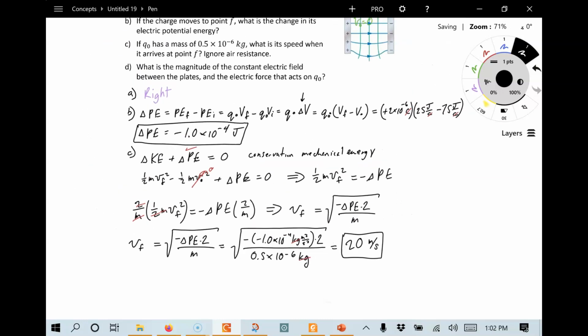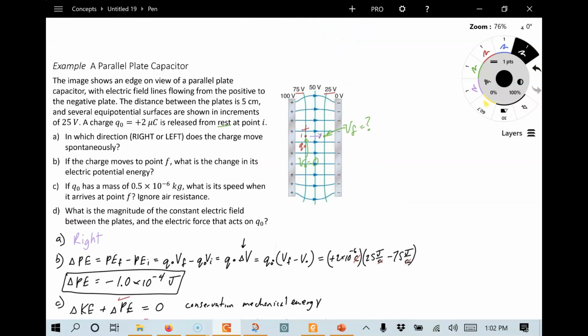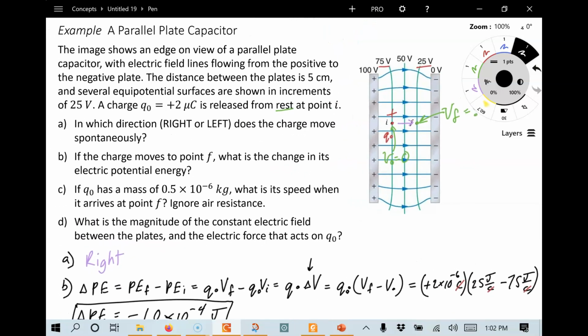All right, finally we're going to go ahead and look at part D here. Part D says, what is the magnitude of the constant electric field between the plates and the electric force that acts on Q0? Again, we see that these lines here, they're all in the same direction. They're all equally spaced. That means that this E here in the region is constant.